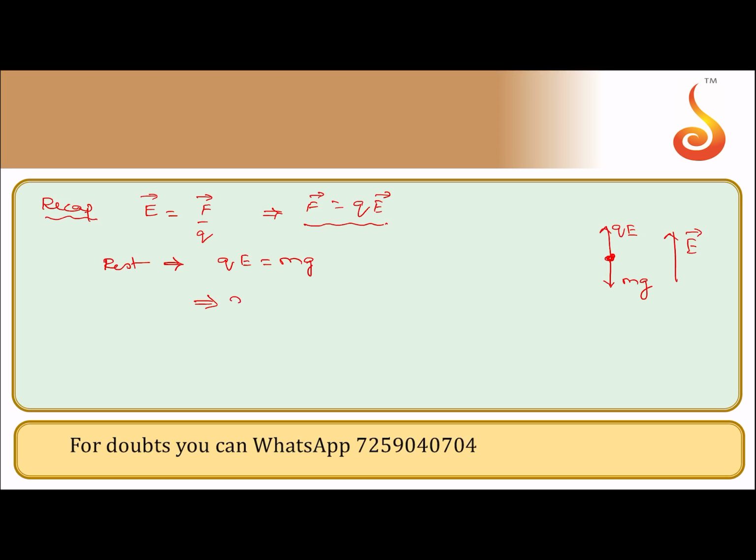Therefore, what will Q be equal to? mg by E. That's your answer. Now you have to plug in the values. They all have to be in the same SI units. Always make sure you convert them to SI units. So in this case, what was m? m was 0.1 gram. Is gram an SI unit? No, the SI unit is kilogram, so into 10 power minus 3. g was 9.8 meter per second squared. Is that an SI unit? Yes, so no problem.